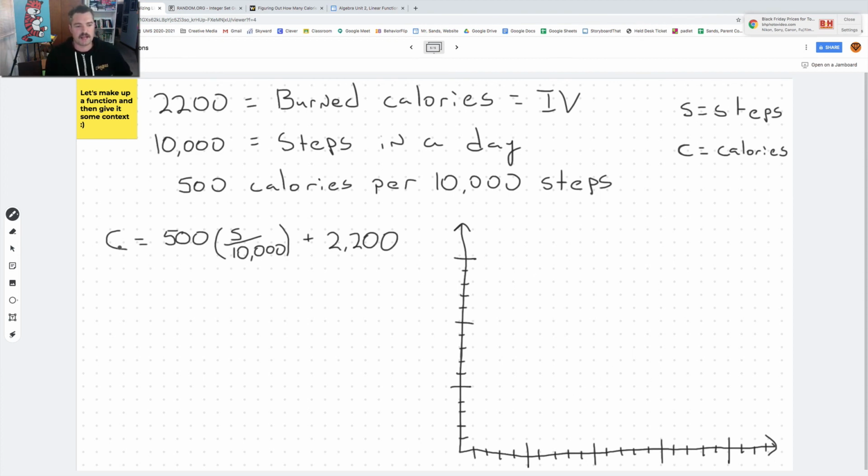The total number of calories burned is equal to 500, which is the number of calories you're burning every 10,000 steps you take, multiplied by your independent variable, which is the number of steps that you're taking. So if I take 10,000 steps, that's my goal. I'm going to burn 500 more calories than I am burning already just by doing nothing and sitting on my butt. So let's say this would probably make sense if we go up by 1,000.